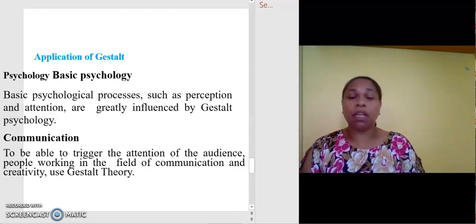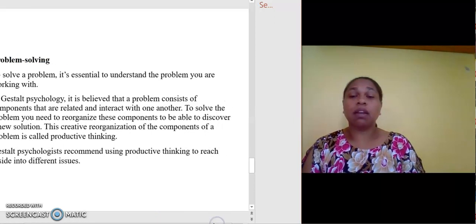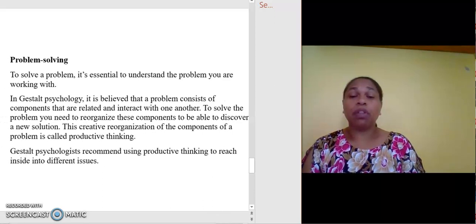Number three application is problem solving. Problem solving covers a lot of areas, including teaching. So to solve a problem, it's essential to understand the problem you are working with. In Gestalt psychology, it is important that a problem consists of components that are related and interact with one another.